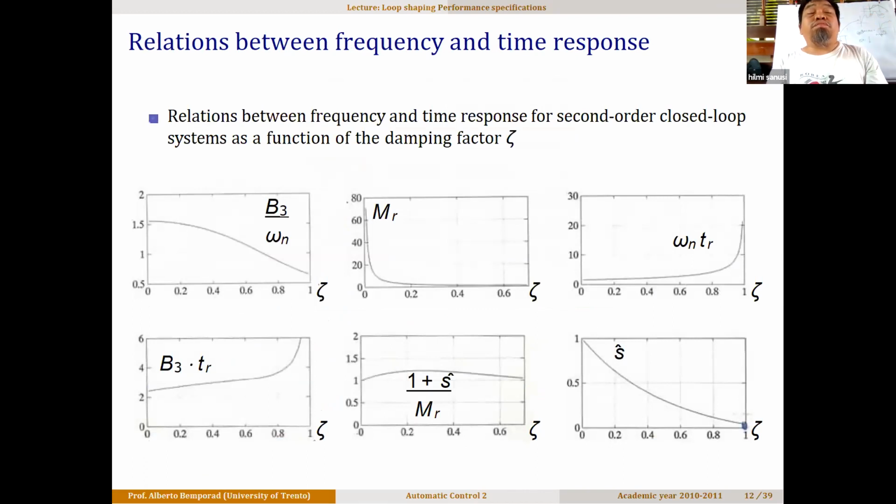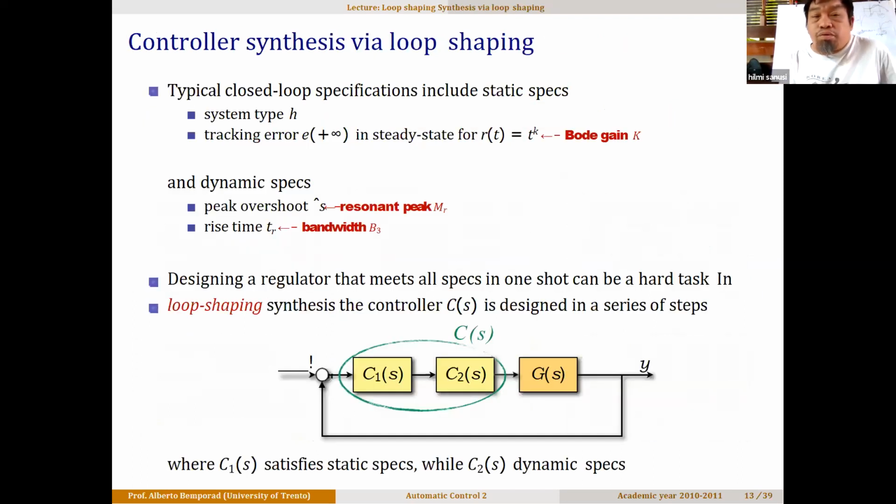So the relationship between the frequency and time response in the second order closed loop system is a function of the damping factor. You can look here, this is zeta and omega n. So the controller synthesis through loop shaping. What do we want? We have a typical loop function as specified by h, and we have the tracking error in the steady state. And then what do we want? We want some dynamics in the system.